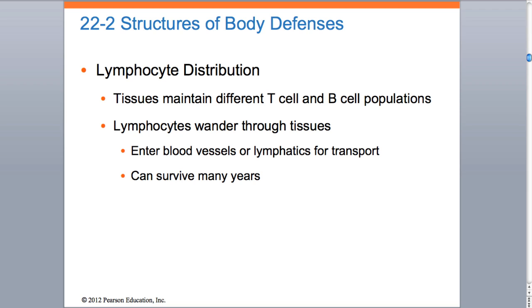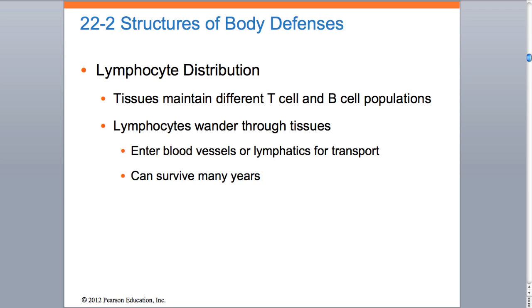Okay. Tissues maintain different T cell and B cell populations. Now the unique thing about the T cells and B cells is that because they are memory, they are immunity, they are specific, they can survive for many years. So with your vaccination, for example, once you're vaccinated, it lasts for many years.